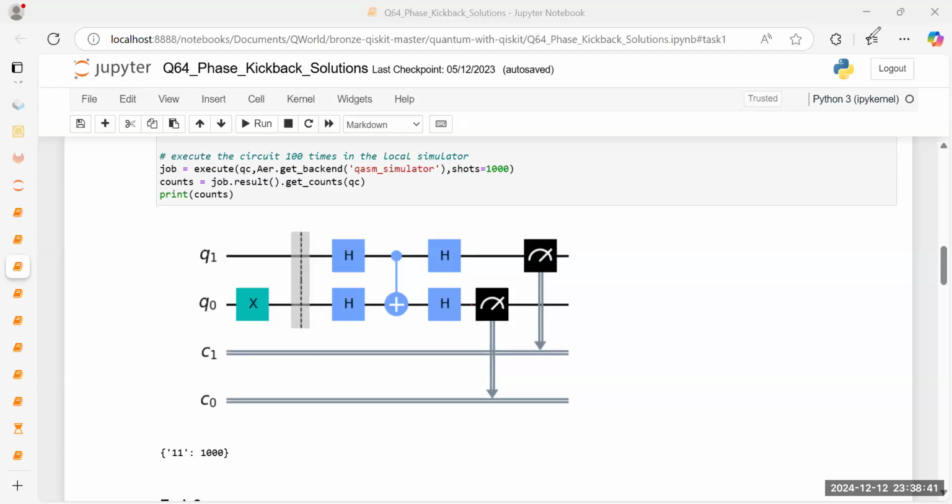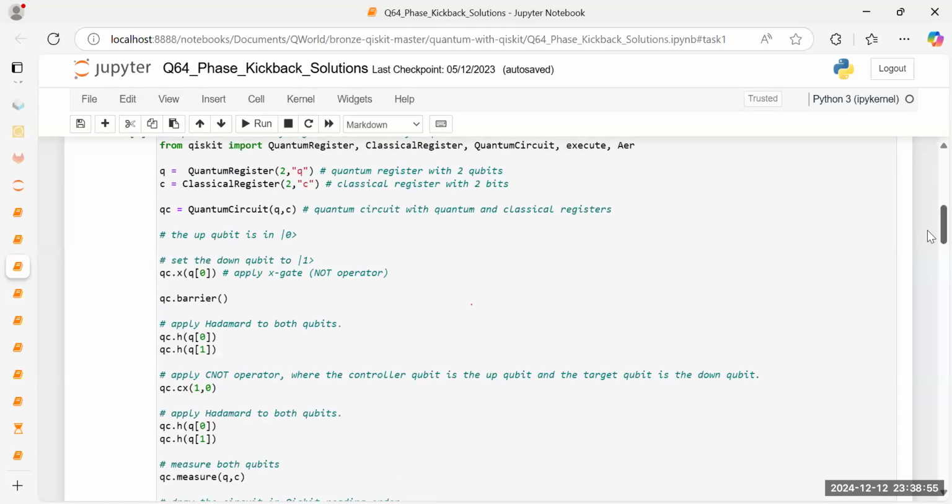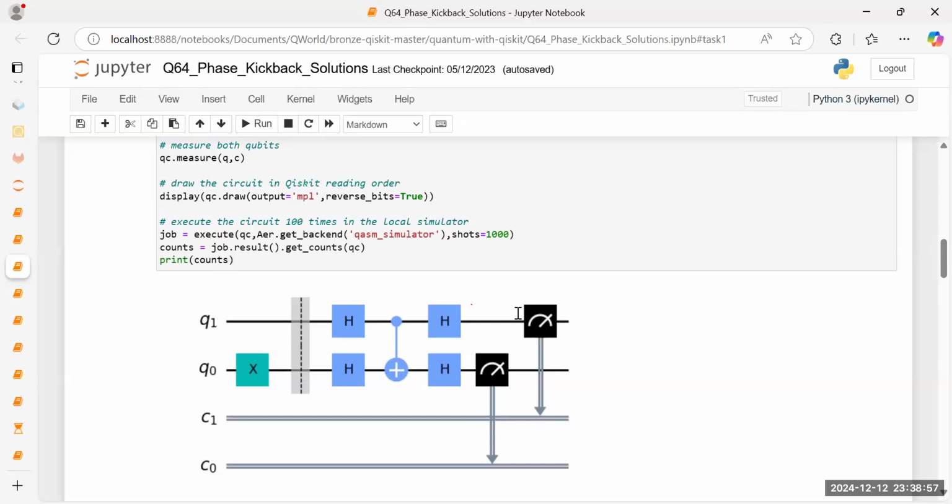Oh, okay. State 0, 1. Okay, so I don't know exactly where the confusion is coming from. Let me explain this once more, and hopefully it will clarify things.